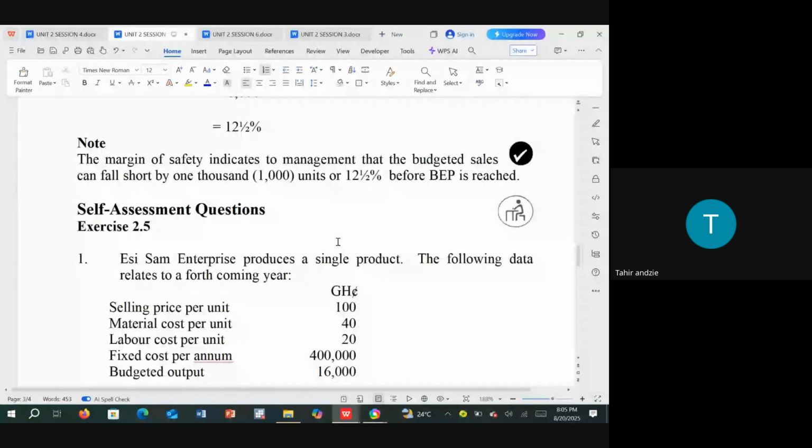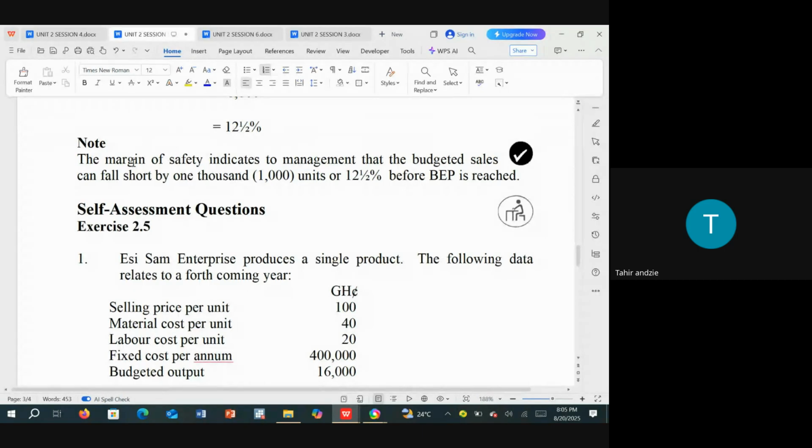If you have any question, you can ask. So the margin of safety indicates to management that the budgeted sales can fall short by 1,000 units or 12.5% before the break-even point is reached. So that is what it means.